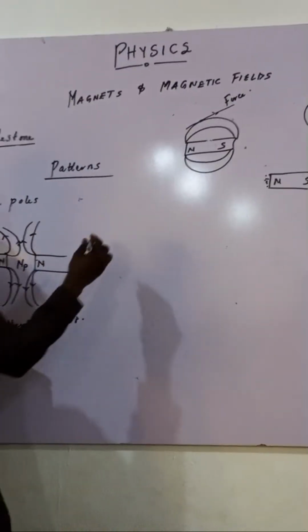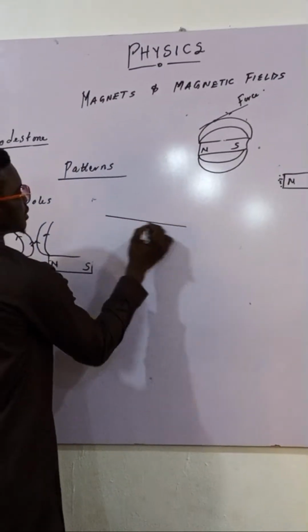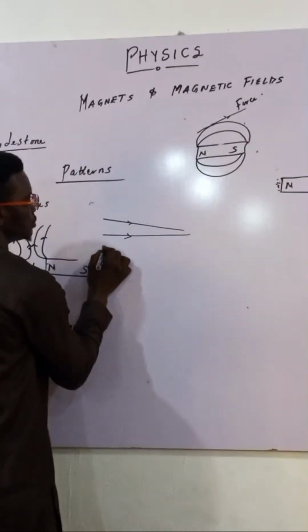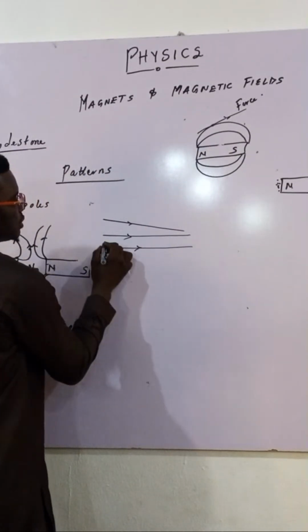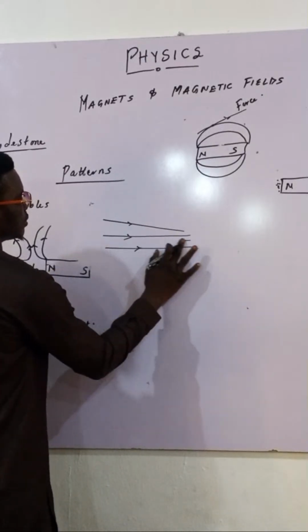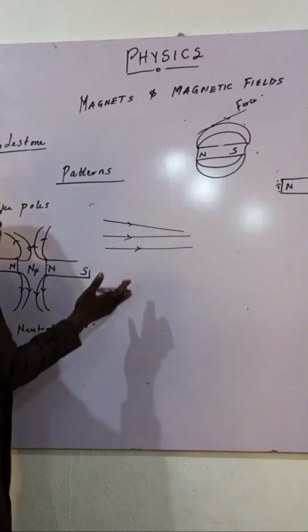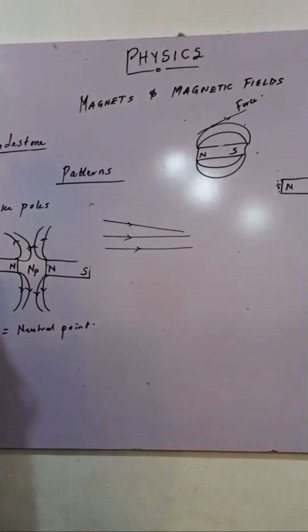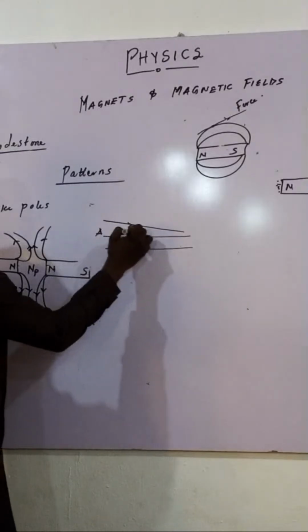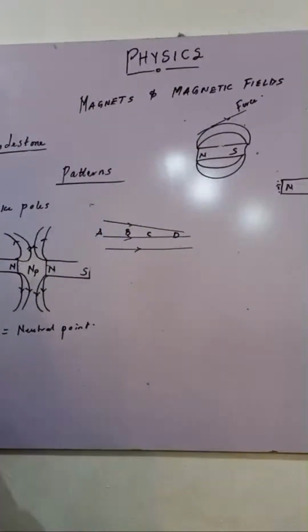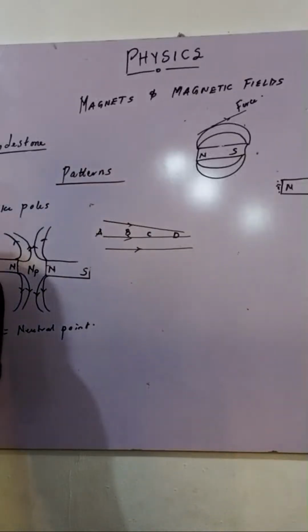If I draw something like this, and I ask you in what region, let's say A, B, C, and D, do you think the field will be stronger?